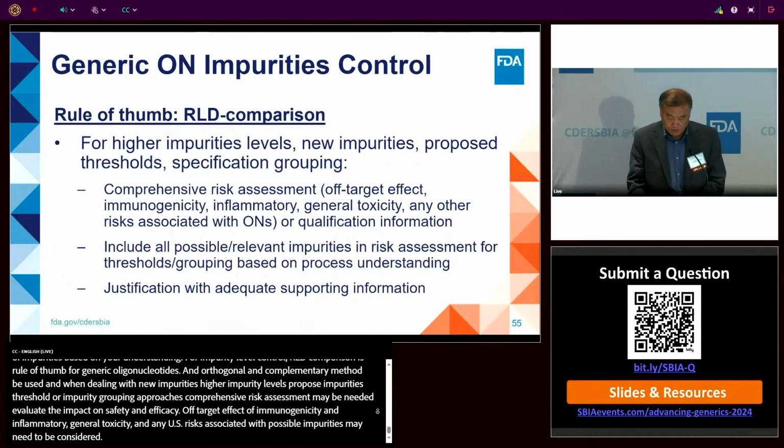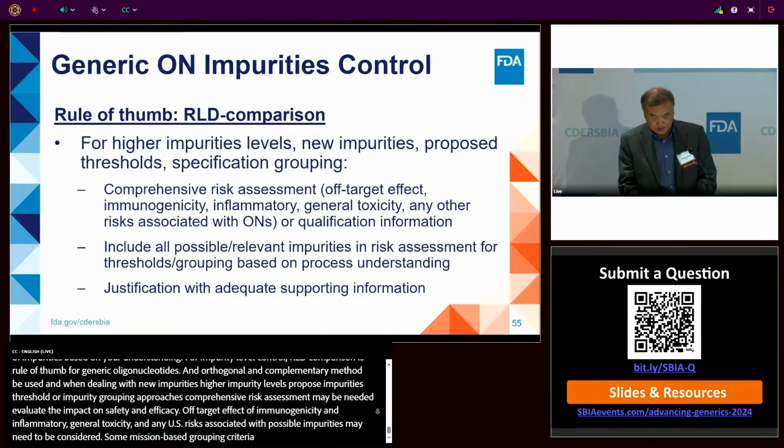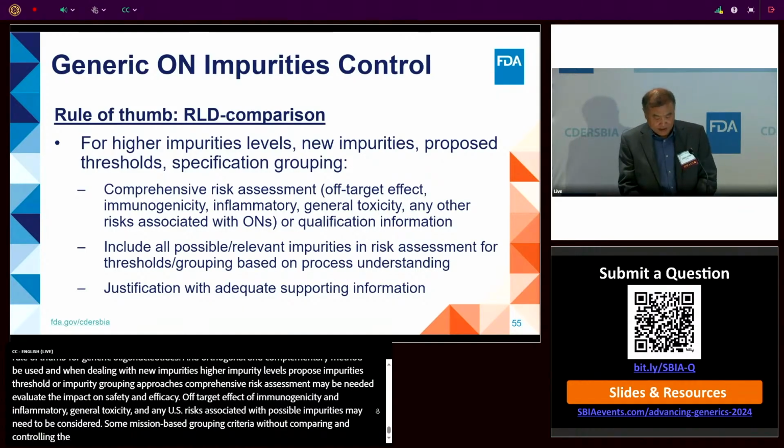Summation-based grouping acceptance criteria without comparing and controlling the individual impurity levels may be hard to justify for generic oligonucleotides.